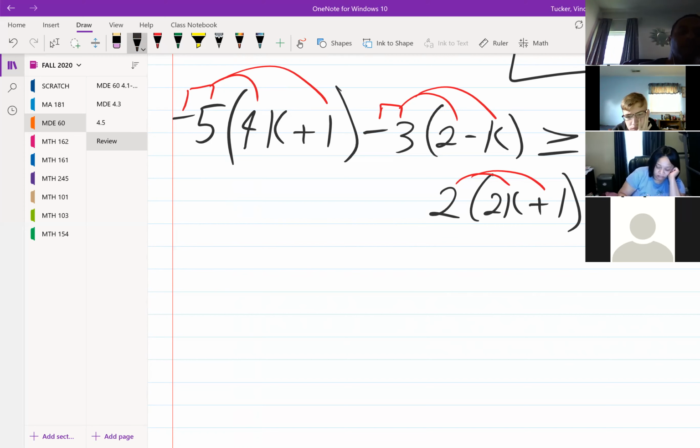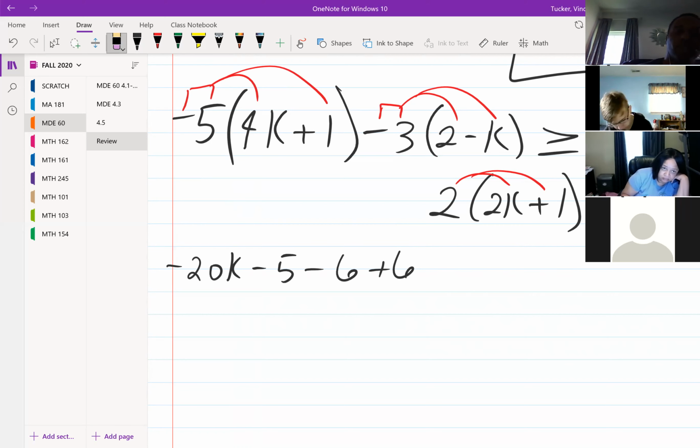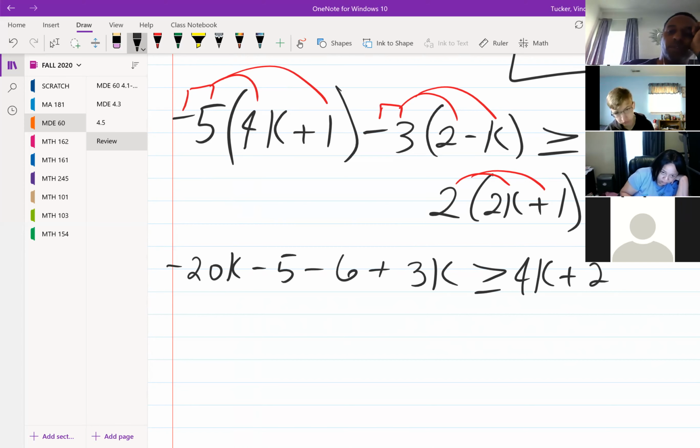So that'd be -20k minus 5 minus 6 plus 3k greater than or equal to 4k plus 2 minus 7. Make sure we are okay with the distribution.